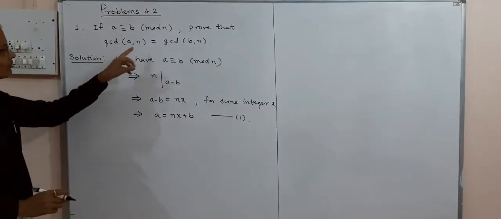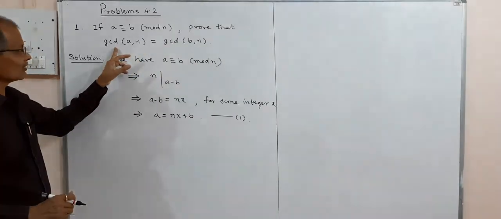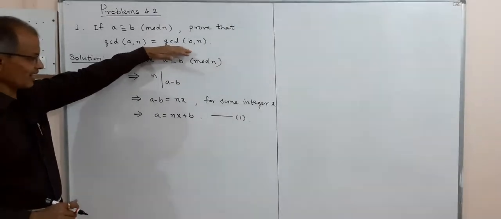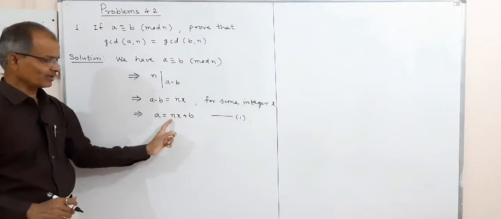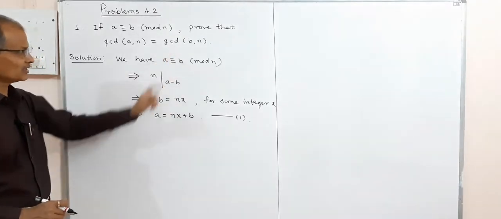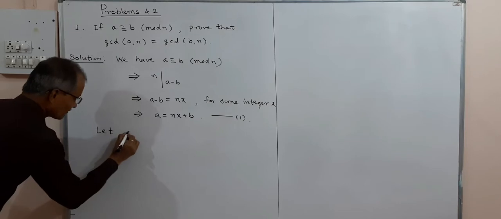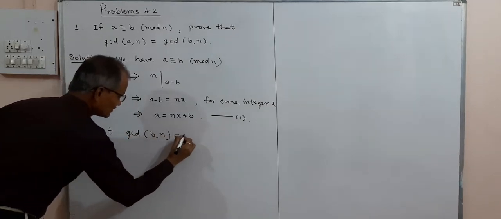Now we want to show GCD of b and n is equal to GCD of a and n, and therefore we consider GCD of b and n, because we have expressed a as a combination of b and n. Suppose GCD of b and n is equal to d.